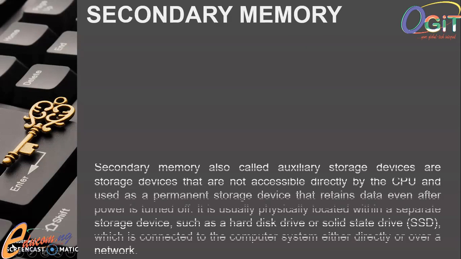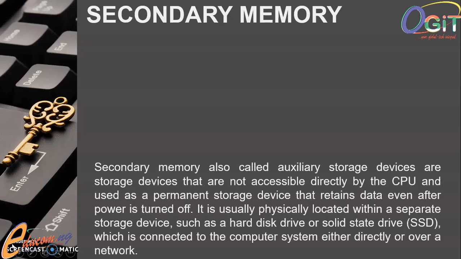Secondary memory, on the other hand, also called auxiliary storage devices, like I said earlier, are storage devices that are not accessible directly by the CPU and used as a permanent storage device that retains data even after power is turned off. Whatever data you have on your secondary memory remains with or without power.